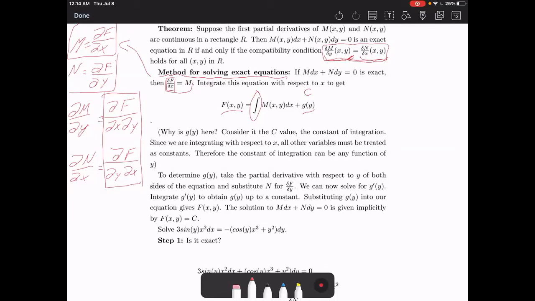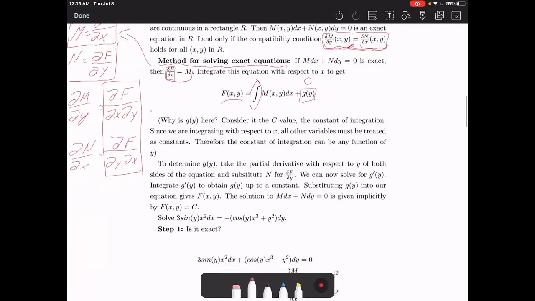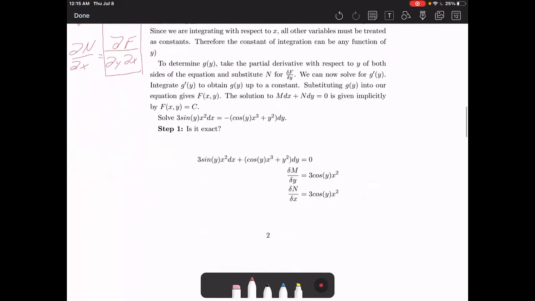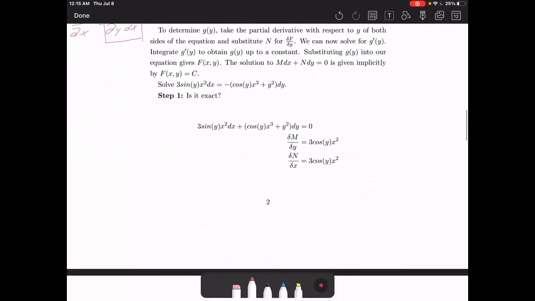So this isn't just simply some constant, it's literally any function of y, because as far as we're concerned, y is a constant because we're integrating with respect to x. So I'll skip these steps. You can read them on your own time, and we'll actually try to start solving here because we definitely have enough information to get to work.